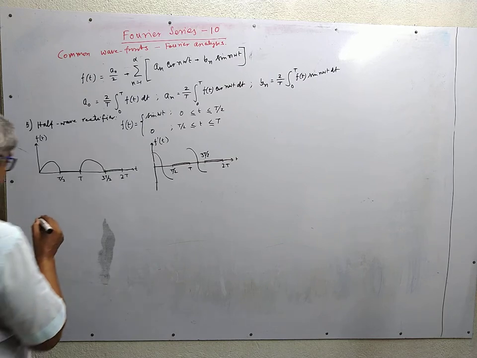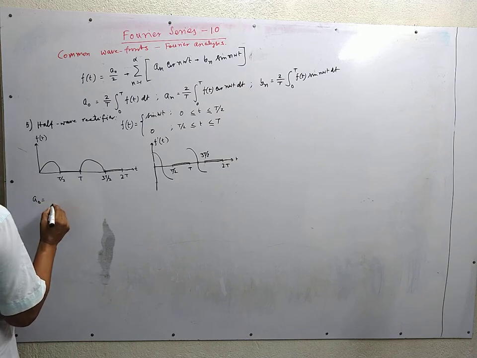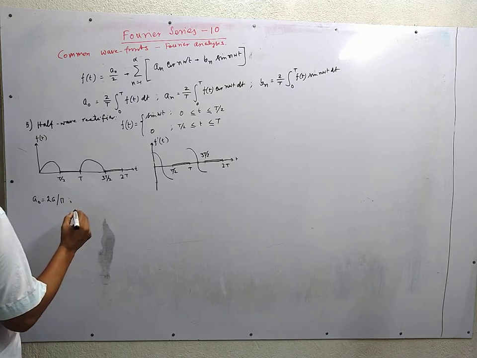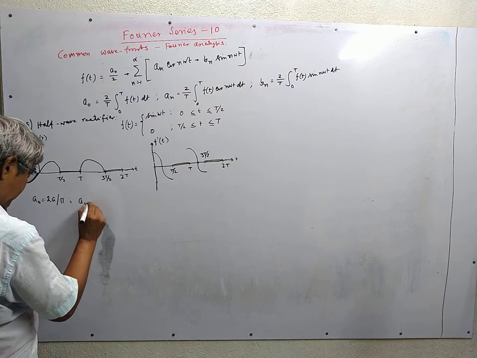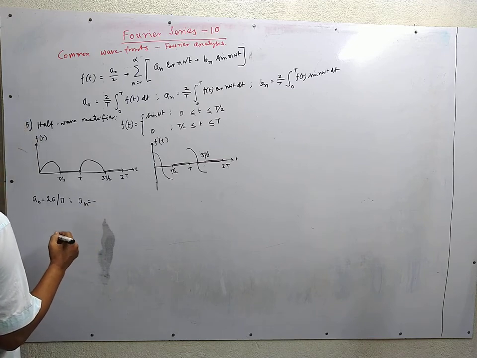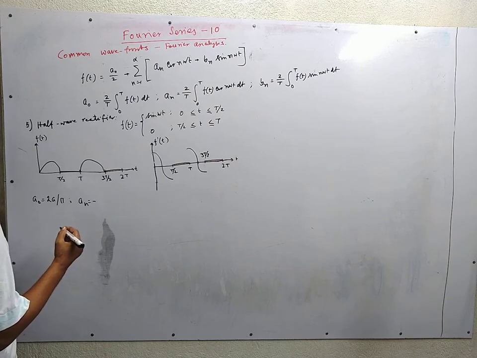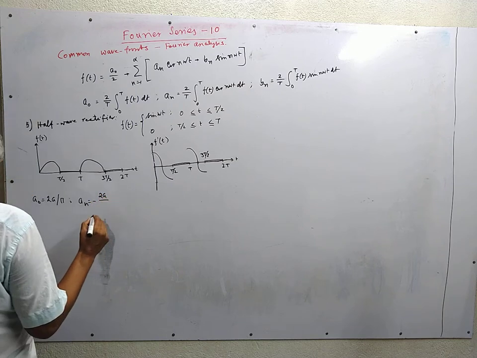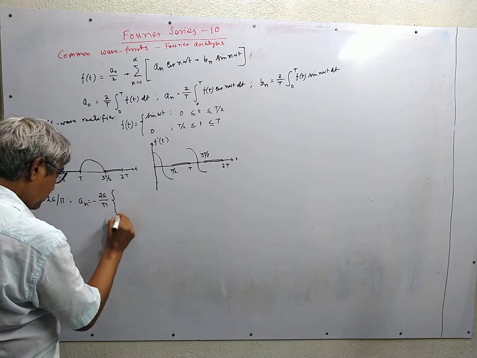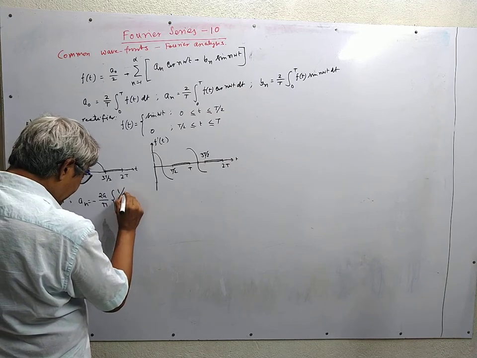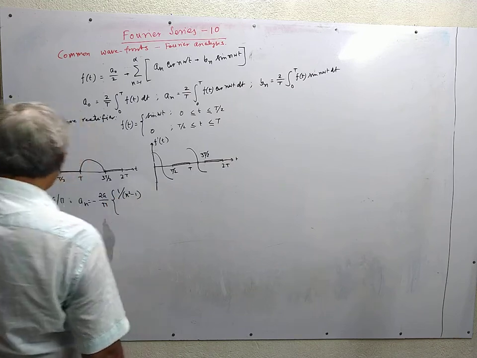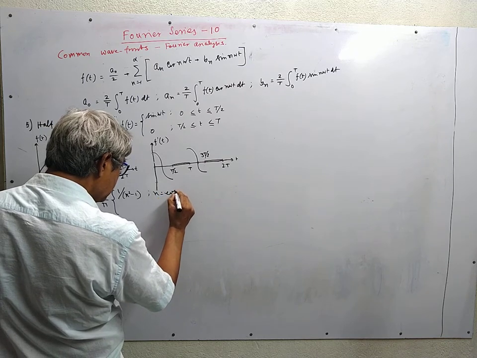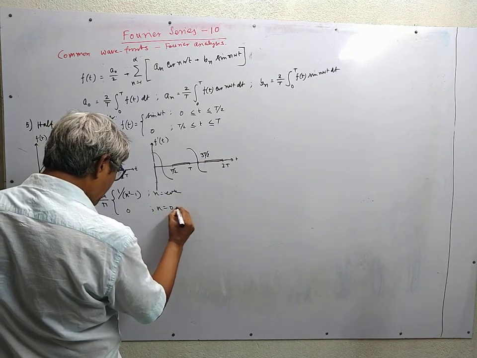So we found A0 is equal to 2A by pi. An is equal to A by pi times 1 upon n square minus 1 for n even, and is 0 for n odd.